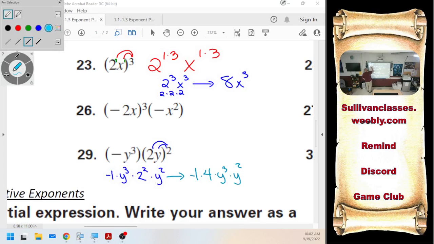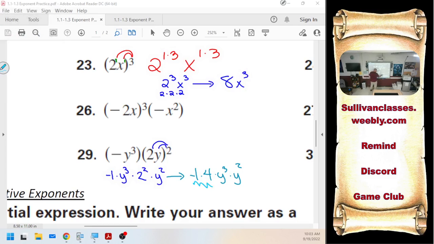So now that I have turtles with turtles, -1 times 4 is just -4. Giraffes with giraffes, y to the fifth. Okay? But I bet a lot of us got confused by that negative in front of the y. That messes with us. Okay? Anything else through 29?